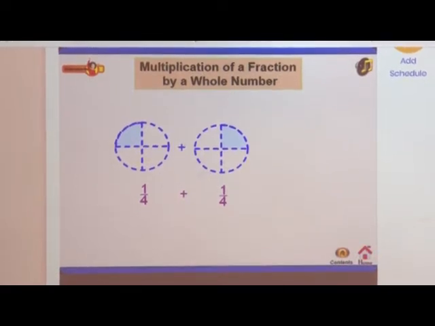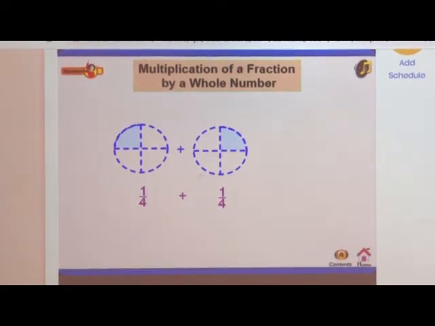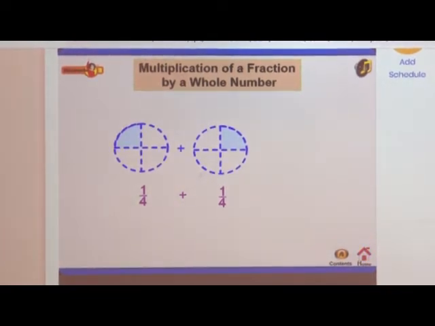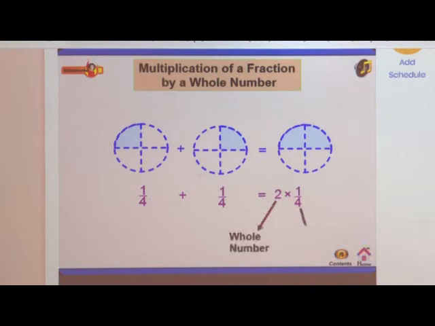How much will two shaded parts represent together? Let us combine them. On combining the first two figures, we get the third figure as shown. And it is written as 2 multiplied by 1 by 4, which is equal to 1 by 2.